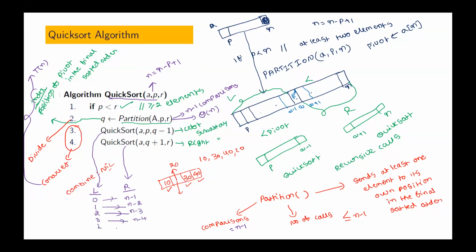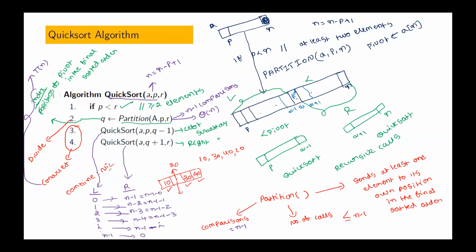Left side i means how many elements on the right? n minus 1 minus i. We can generalize: n minus 1 minus i. And so on. Last, left can have n minus 1 elements. In that case, the number of elements on the right is 0.